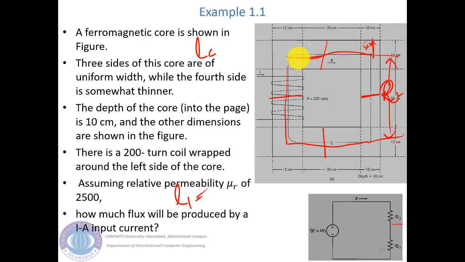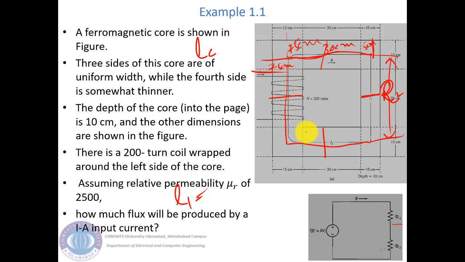This path will be 30 centimeter, and again this path will be half of this 15 centimeter, which is 7.5 centimeter, and again from here to this portion, which is 15 centimeter, this is again 7.5 centimeter.